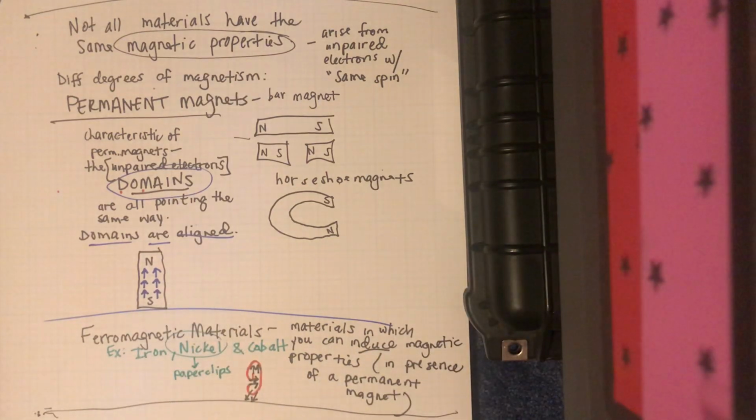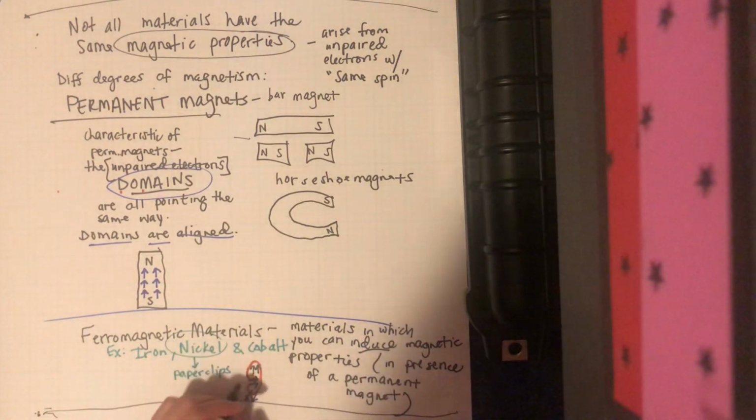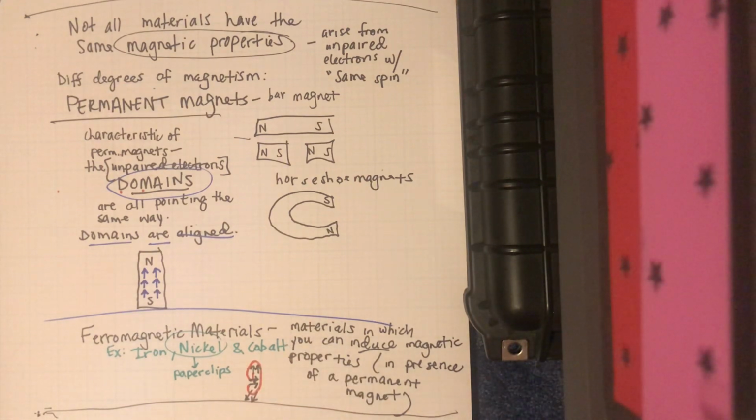What happens in this paper clip is that if you bring a permanent magnet near it, these domains will actually rearrange to become aligned with the magnet.